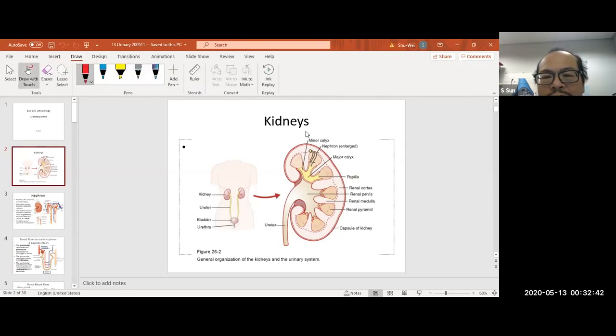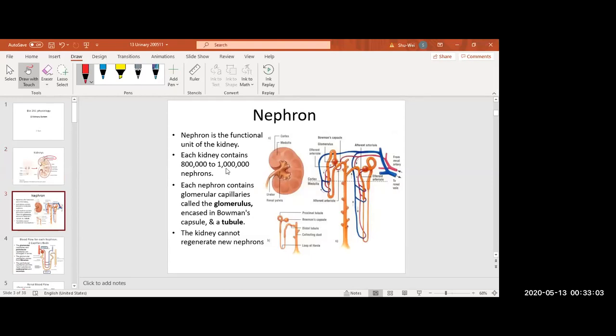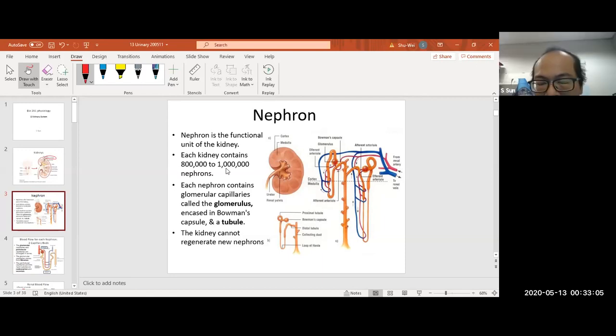So here, this is the nephron. Each kidney has about 800,000 to about 1 billion nephrons, and we will learn how the nephron produces the urination.